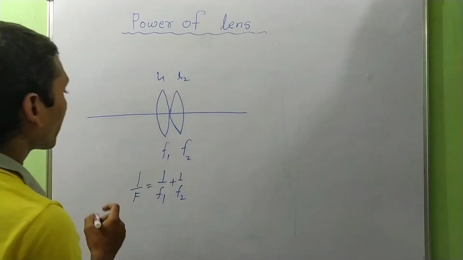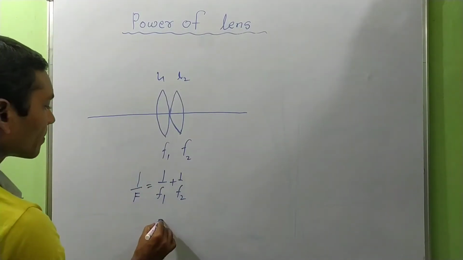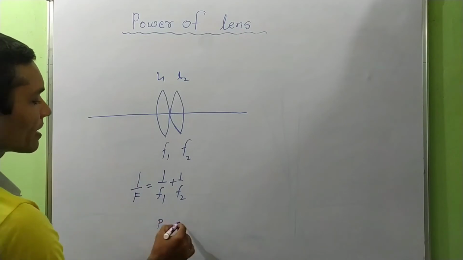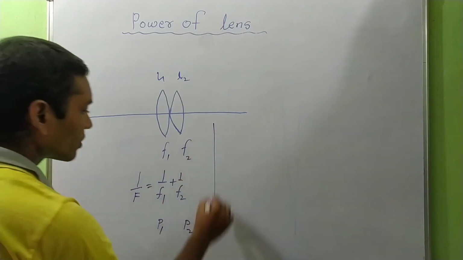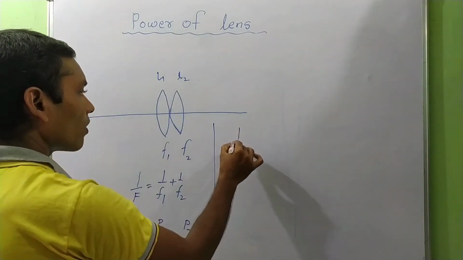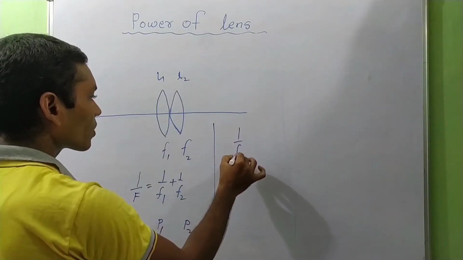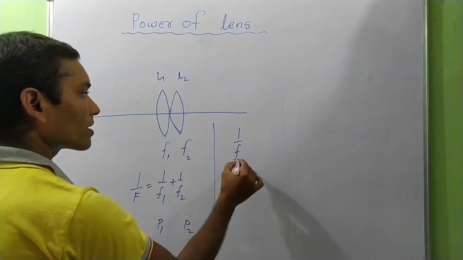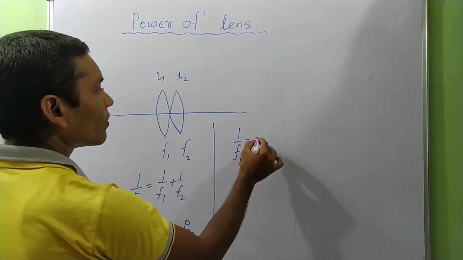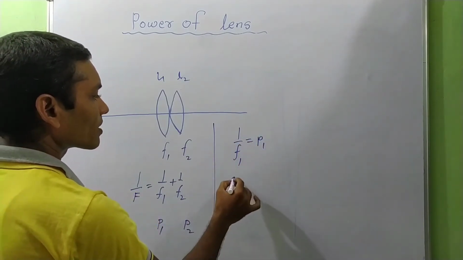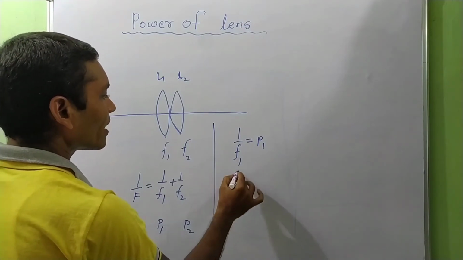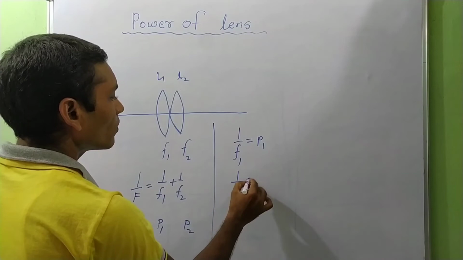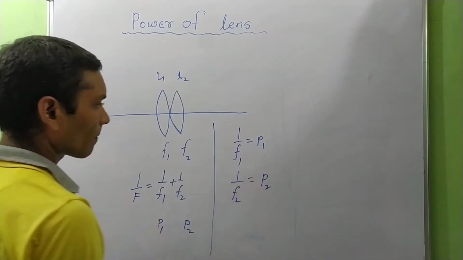If the power of the first lens is P1 and the power of the second lens is P2, you know that the power of a lens is the reciprocal of the focal length, meaning for the first lens 1 upon f1 will be P1, and for the second lens 1 upon f2 will be P2.